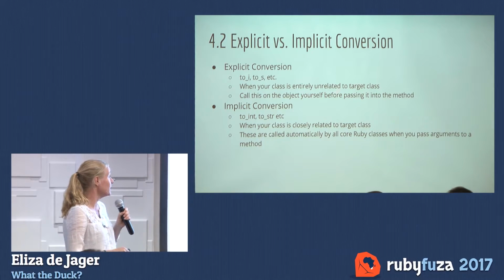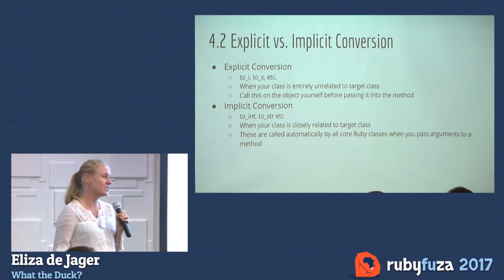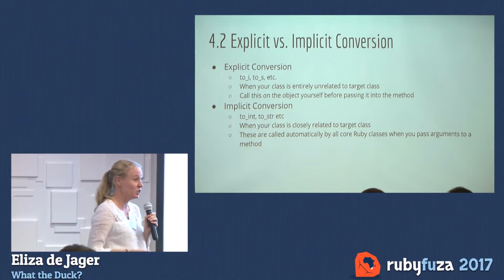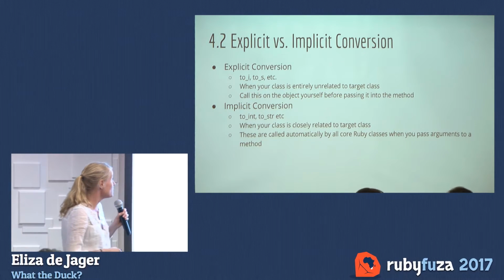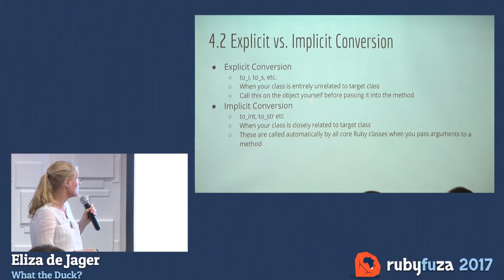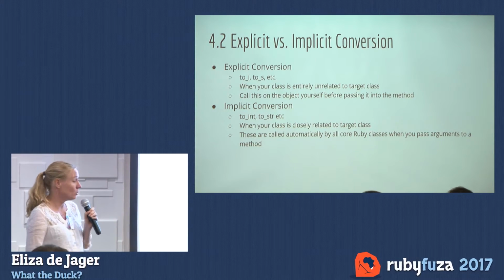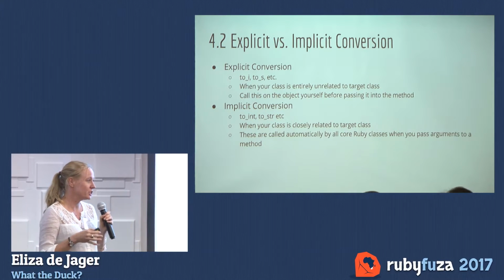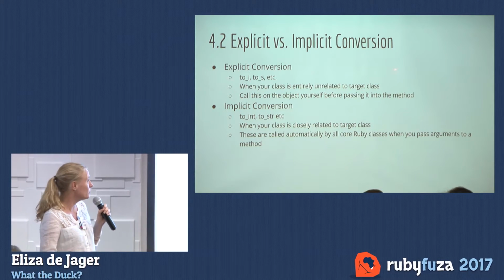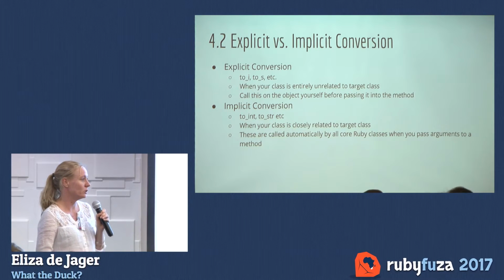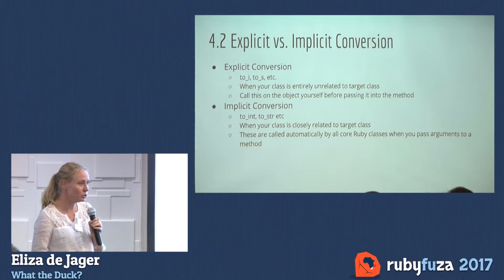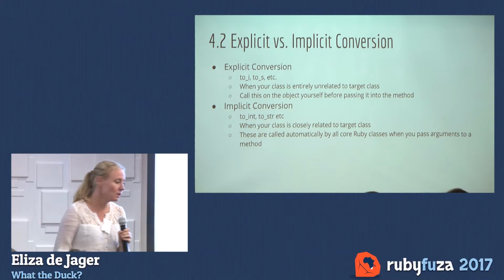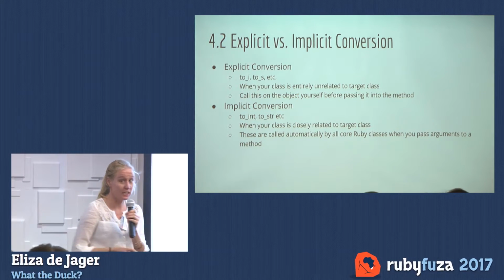The idea is basically to get a representation rather than saying this ActiveRecord object is actually a string. And the thing about these explicit conversion protocols is that you call them on the object yourself before passing them to other methods, especially in the Ruby core modules, because the Ruby core modules aren't going to call them for you to do the conversion. So they rely on you to do that yourself. And I'll show you what I mean with that in a second.